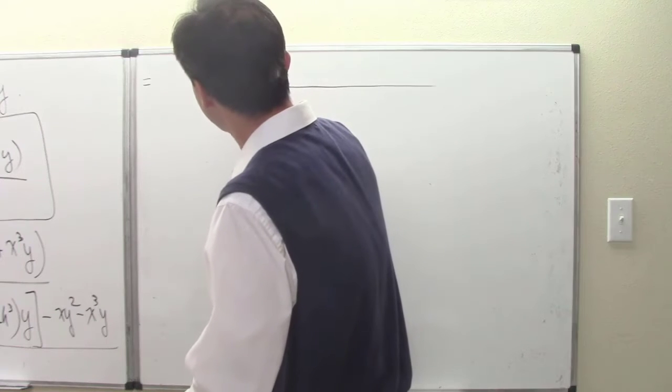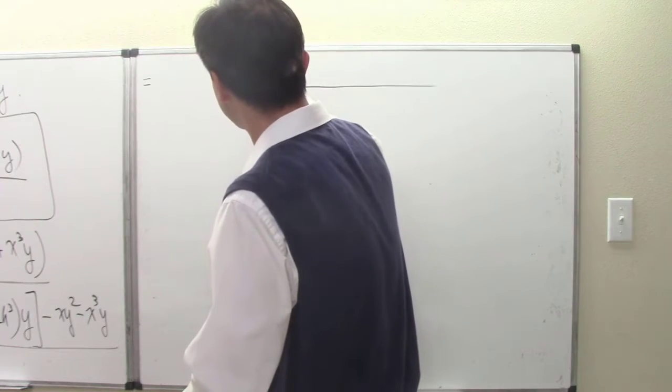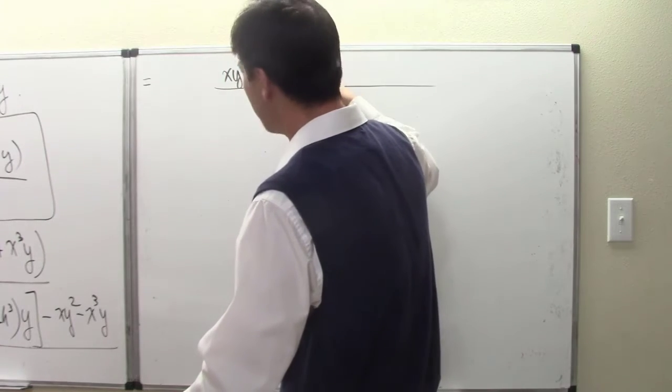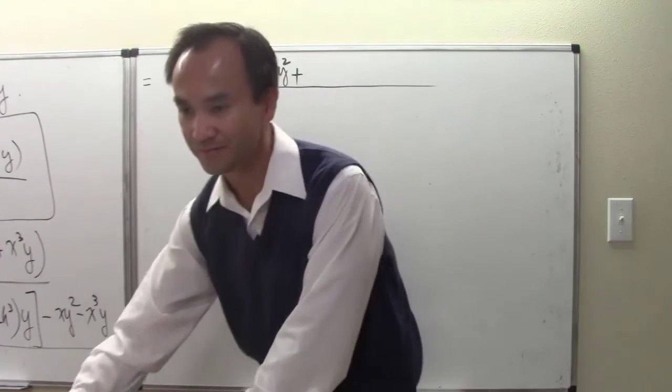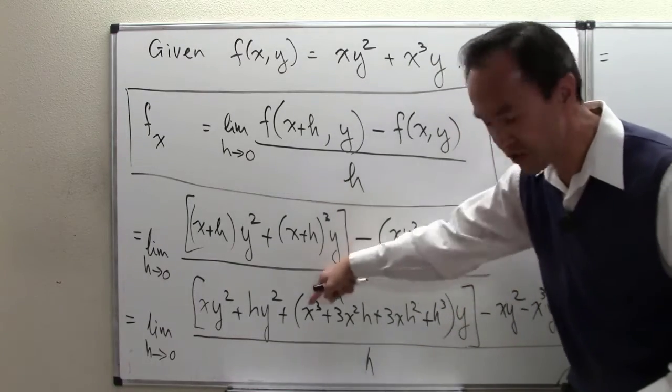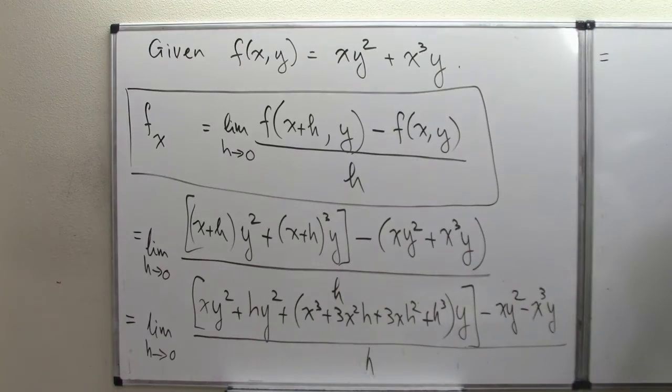So I have xy squared plus hy squared plus, I'm going to distribute that y right there. This y right here, I am going to distribute for each term inside of my parentheses.